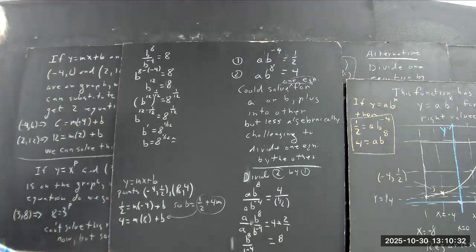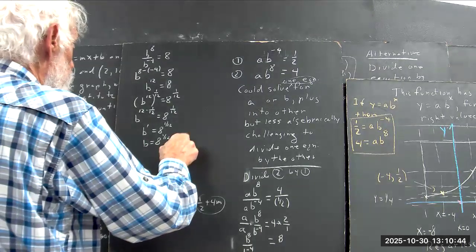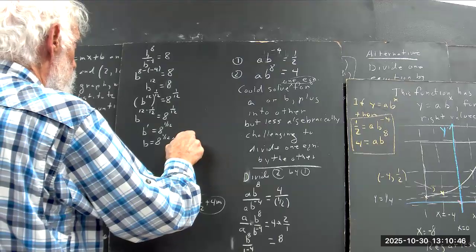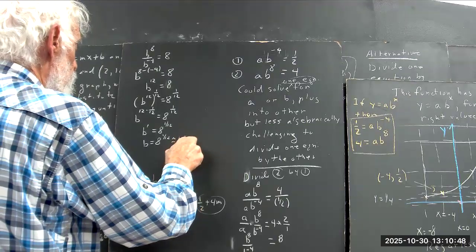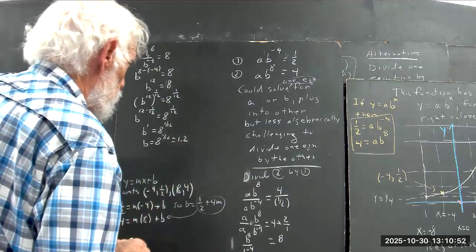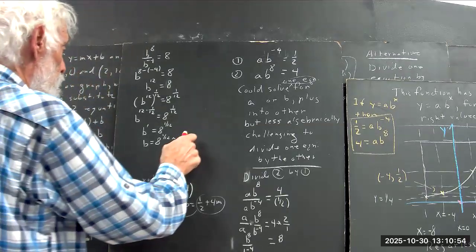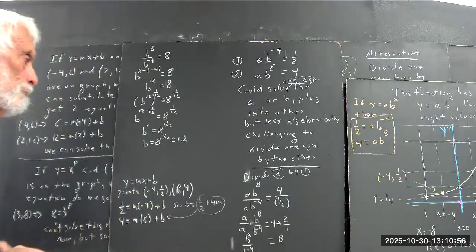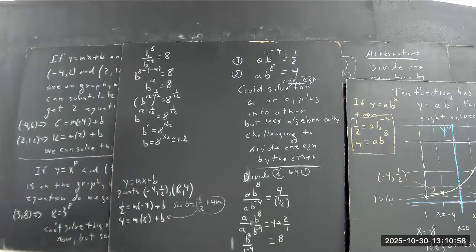And I'm going to actually approximate that. I don't want to do the fourth root of 2. Actually, it's about, I think it's closer to 1.2 than it is to 1.21. No, actually, it's a little less than 1.2.